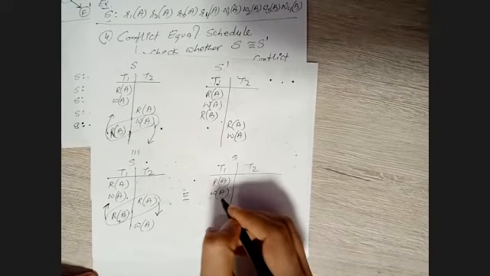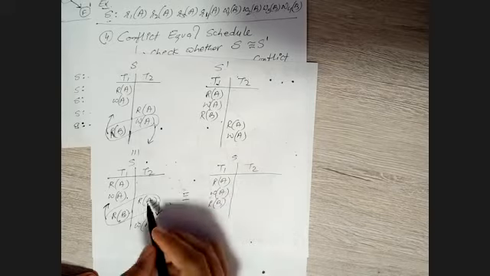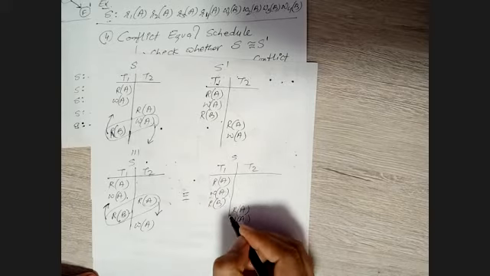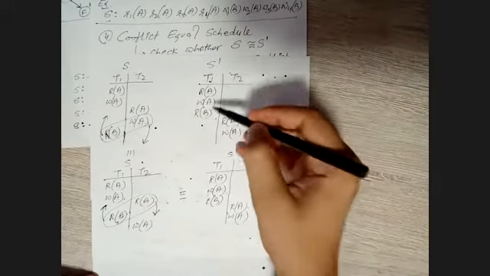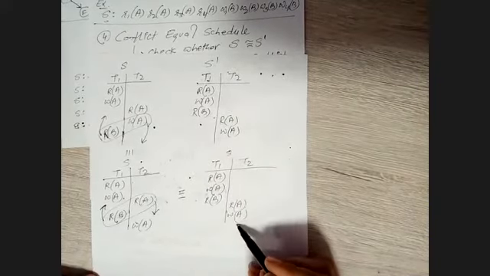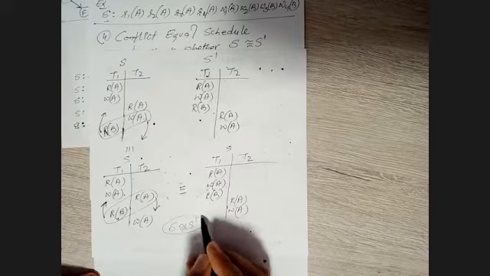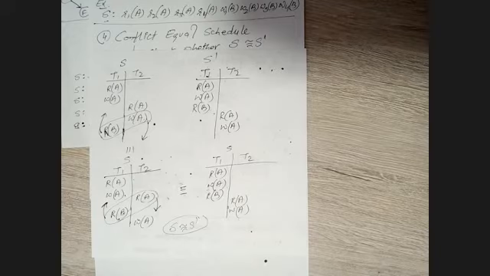These same as it is. Now this will move down, this will move up. That is RB first and RA down and WA. Now check. Are S dash and S equal? Yes. See, both are same. This here and this here. Hence S is equivalent to S dash. That is conflict equal schedule. S and S dash are conflict equal schedules.